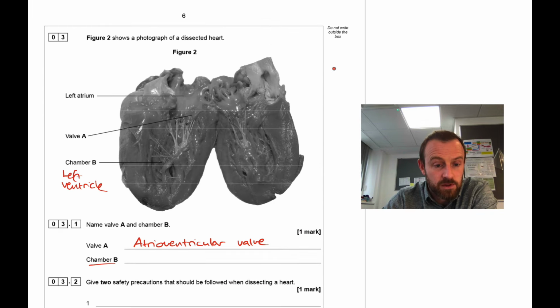So valve A. I would say as the ventricle begins contraction, the pressure in the ventricle rises, and it then becomes higher than the pressure in the left atrium, and this then causes valve A to close, so that blood cannot flow back into the atrium. Instead the blood exits via the aorta. Could put through the semilunar valves out into the aorta.